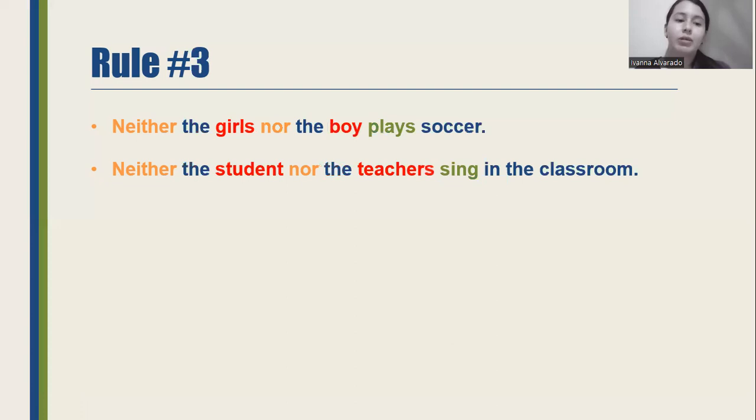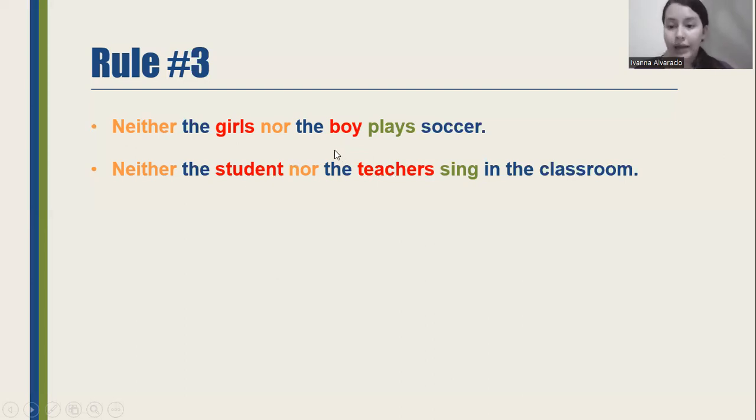The examples about rule number 3. We have: neither the girls nor the boy plays soccer. In the second sentence, we have: neither the students nor the teacher sing in the classroom. Here, in these sentences, we use singular and plural subjects: girls, boy, students, teacher.